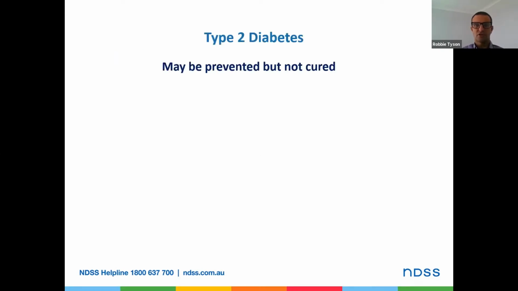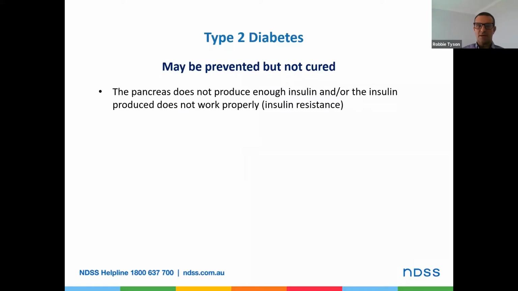So just an overview of what type 2 diabetes is, or a refresher. Type 2 diabetes may be prevented but not cured. So basically the pancreas isn't producing enough insulin, or the insulin that is being secreted doesn't work properly. So it's just not quite working well enough. And that's known as insulin resistance.